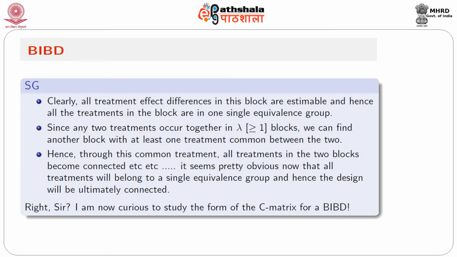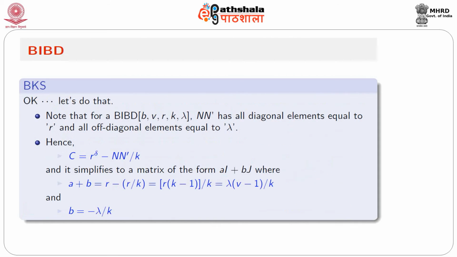I am now curious to study the C matrix of a BIBD. Okay, let's do that. Note that for a BIBD, now we are referring to five parameters b, v, r, k, lambda. Even though, as you rightly said, only three of them are independent, the two are to be derived from the other three using the parametric relations.